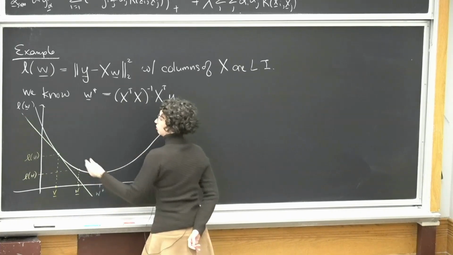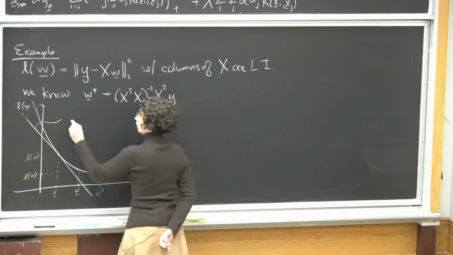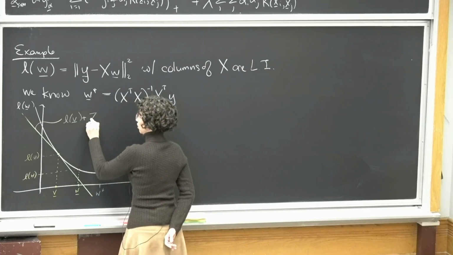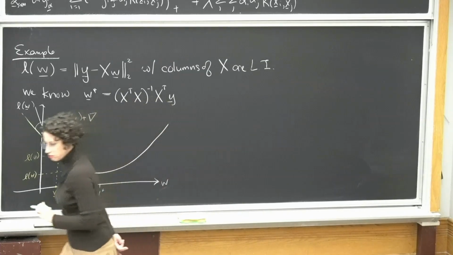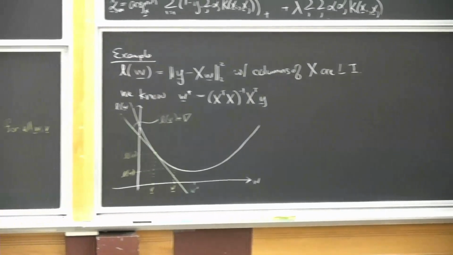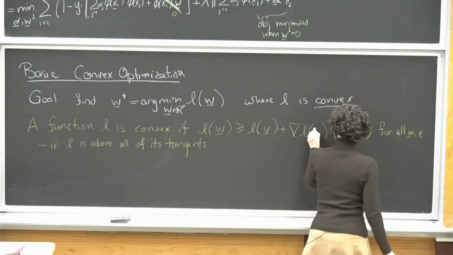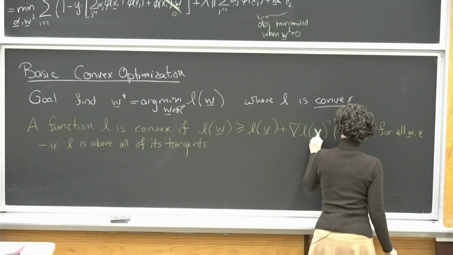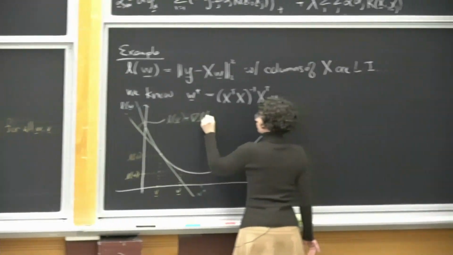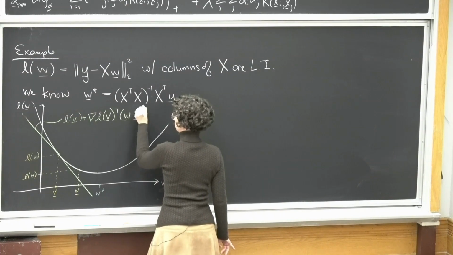And so that tangent line looks like this. So in green, I am plotting the function L of V plus the gradient of L of V transpose W minus V. Sorry, this is V here.